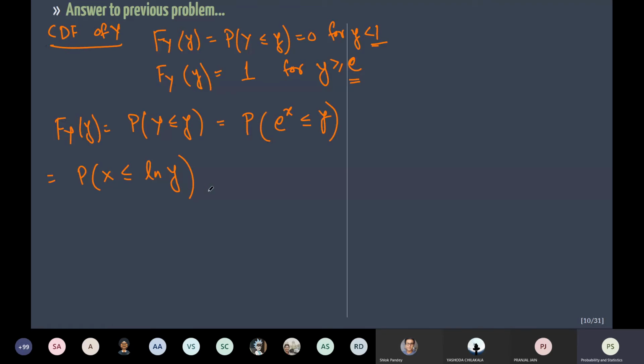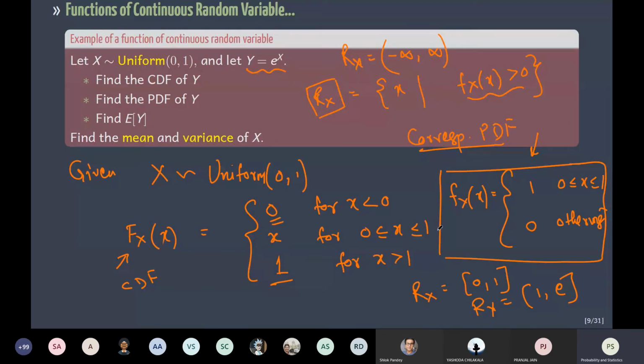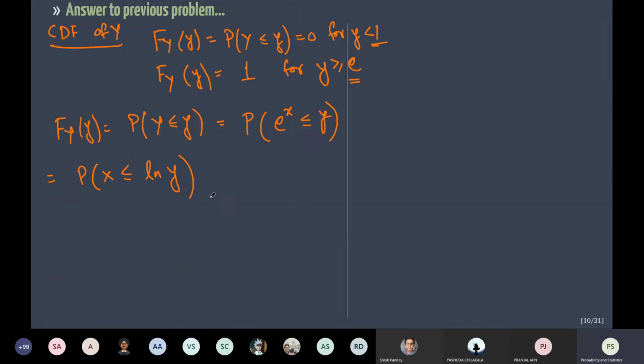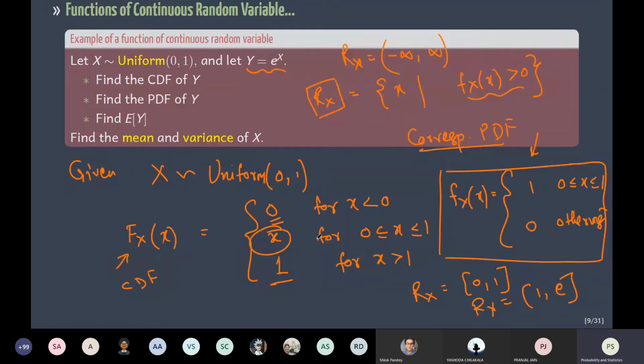We know from the uniform distribution, because X follows the uniform distribution, that for those values of x that lie between 0 and 1, in other words those values of y which lie between 1 and e, the probability that X is less than or equal to ln y is just ln y itself, because that's the uniform.